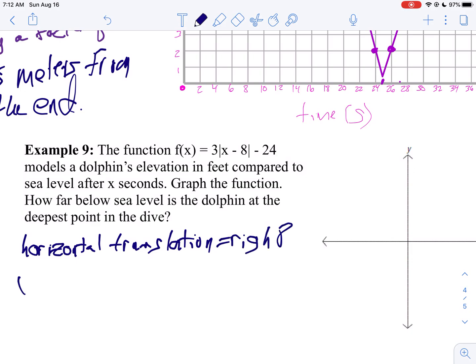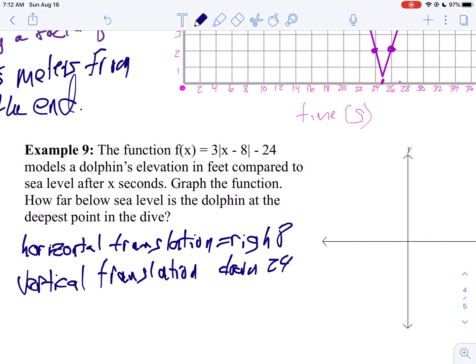We have a vertical translation down 24. And then finally, we have a vertical stretch by a factor of 3.